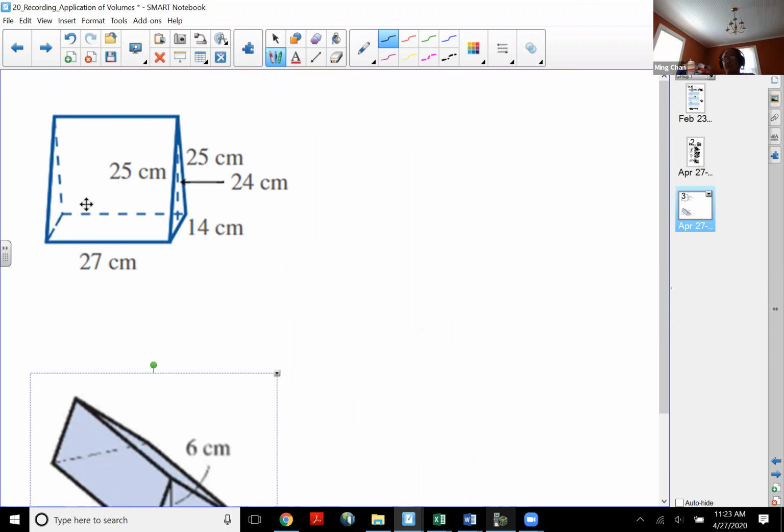Is this a prism, pyramid, cone, sphere, or cylinder? Which one of the 5 types is this picture right here? Which one of the 5 types?